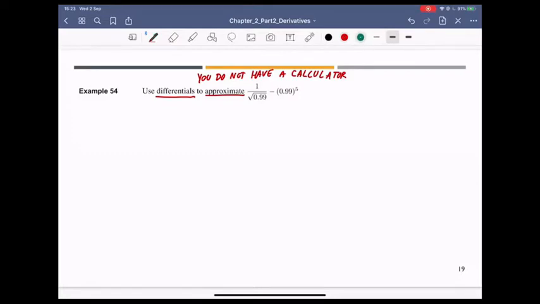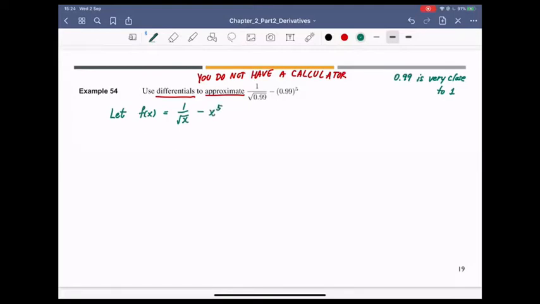If you want to approximate this, you can see that the number 0.99 is very close to 1. So we are going to define our function. Let f(x) be our function 1 over square root x minus x to the 5th power.